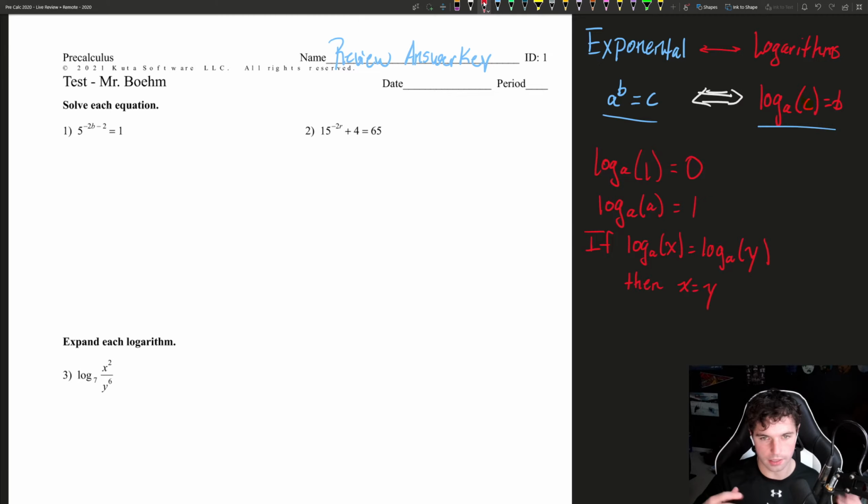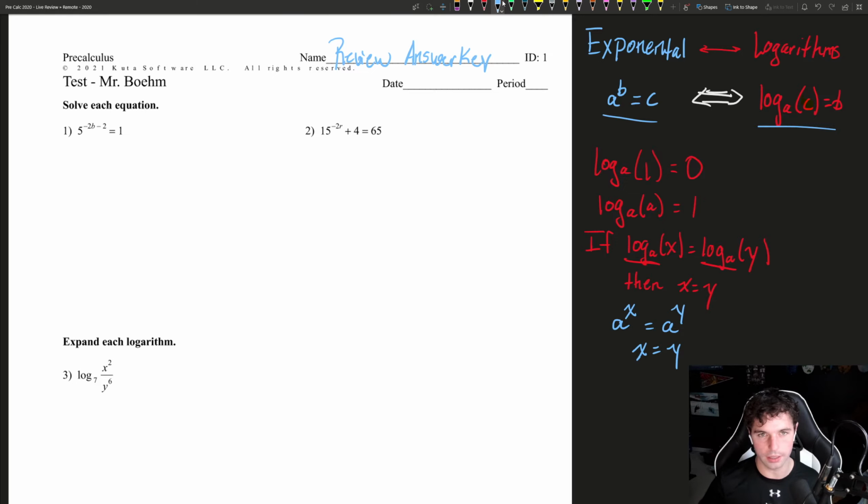So what this means is that if you have the same thing on both sides, like log base A and log base A, or log base 7 and log base 7, or ln or log or whatever, if those two things match up, you can literally just get rid of them. And the same thing works for exponentials. If you have some base to the x power equal to some base to the y power, then it's the same story: x is equal to y.